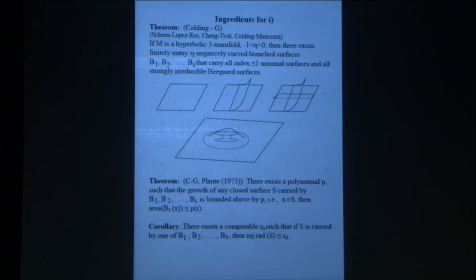So the point is, it amounts to showing that a typical transverse arc intersects this thing only a polynomial number of times.